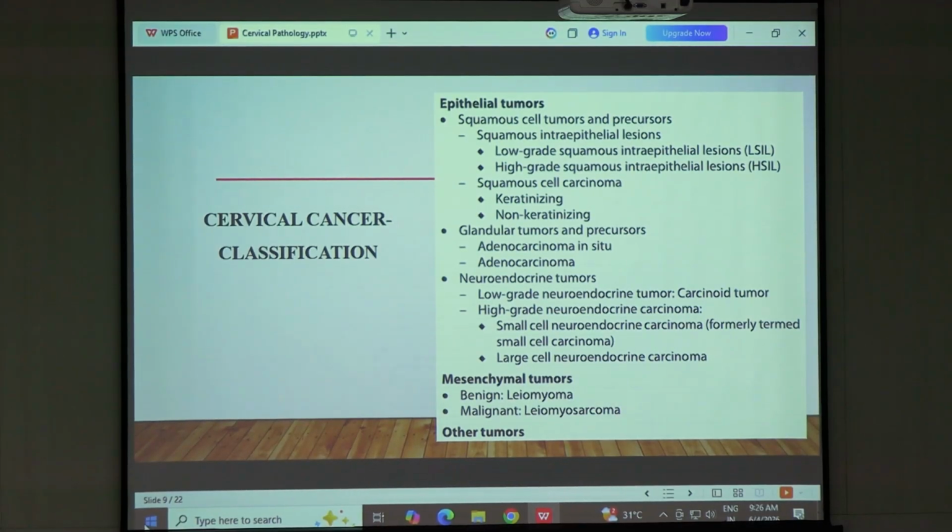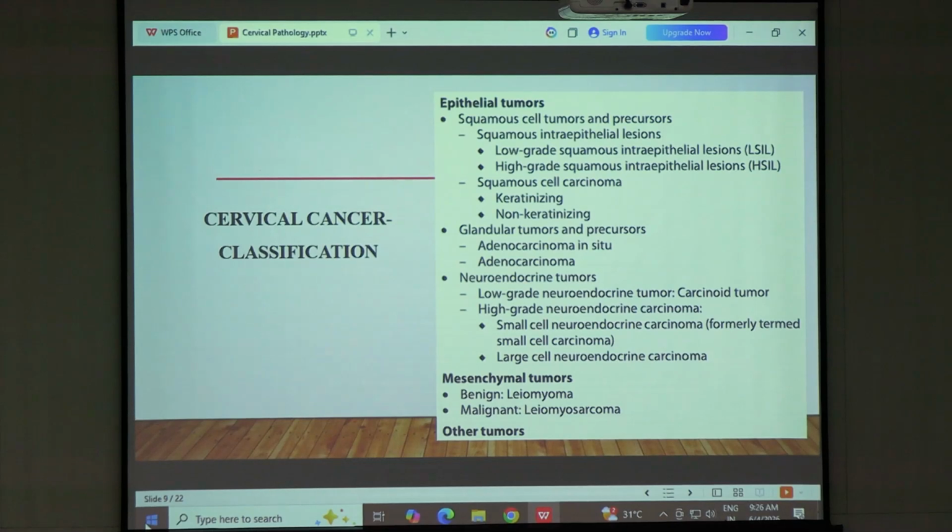HSIL is high grade squamous intraepithelial lesion. Then adenocarcinoma, also epithelial. In the cervix, these two are mainly what we are concerned with. Apart from this, in the cervix there can also be neuroendocrine carcinoma, and also mesenchymal tumors. Those are very rare, but still if you can remember the names, it is very good.